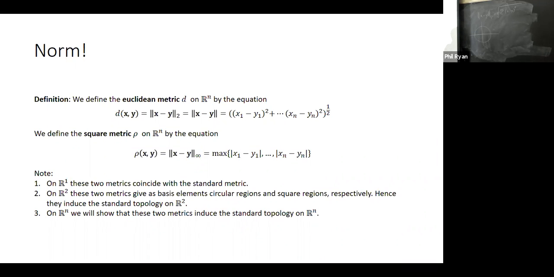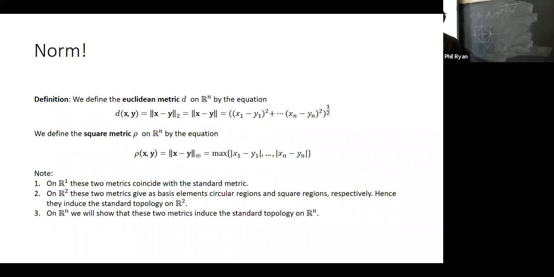Whereas for the square norm, the ball looks like a square, which is why they call it the square norm. And the one norm gives you a diamond like this. Right, because this is 1 to infinity.